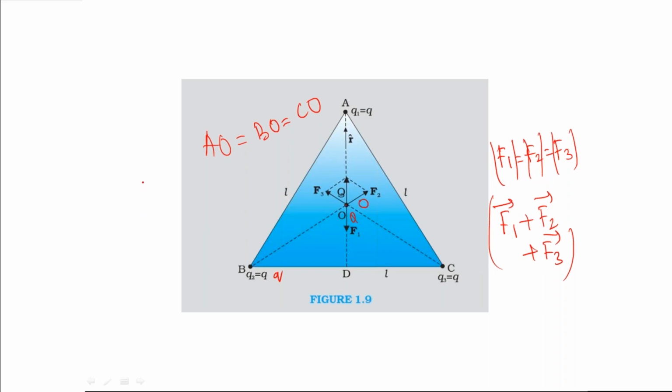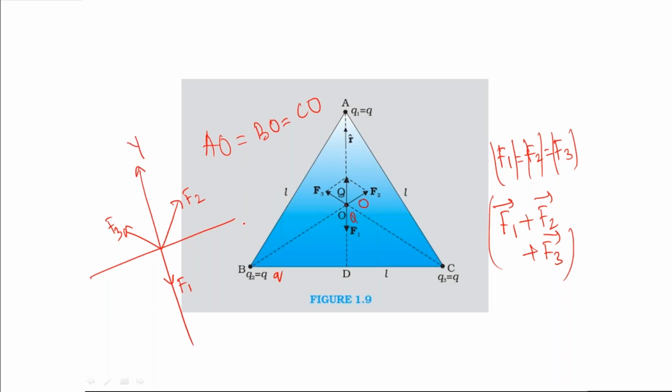Now I have to see how I can add here. See, I have three forces. Look, this is F2. And this way, it is F1. And this way, it is F3. And in fact, all these forces are equal in magnitude, as I have shown you.